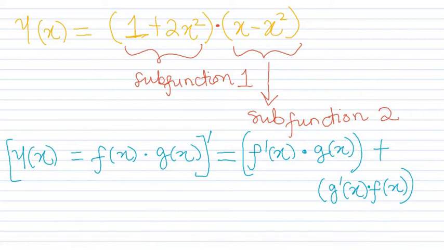So basically what is going to happen now is we're going to apply that same understanding to this question. So let's go to the next page. You can see my notes are quite detailed, and please try to make your notes detailed as well, so that whenever you have to go back to your notes, you're not confused. 1 plus 2x squared multiplied by x minus x squared.